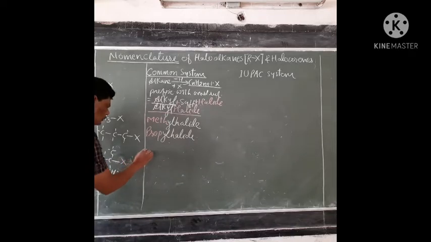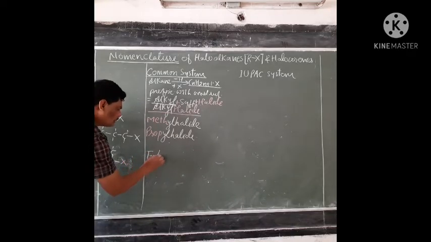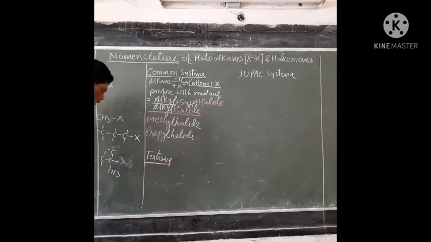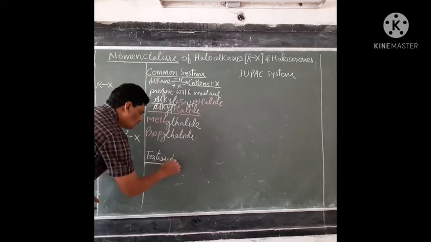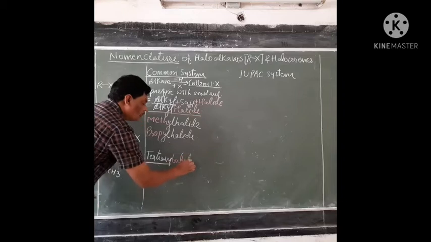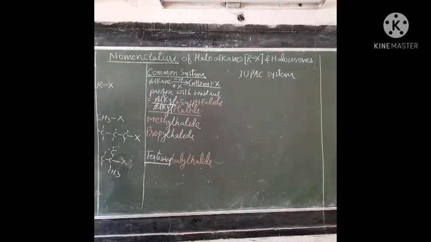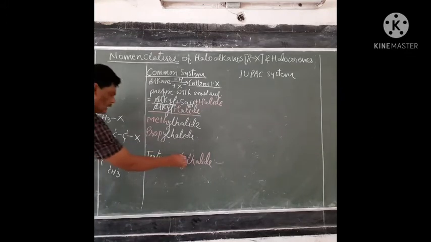Therefore, now we have to add a prefix, tertiary, for this one. And 1, 2, 3, 4 carbon atoms, therefore this becomes tertiary butyl. And halide. The overall name becomes tertiary butyl halide.